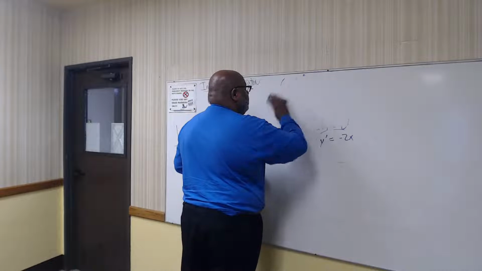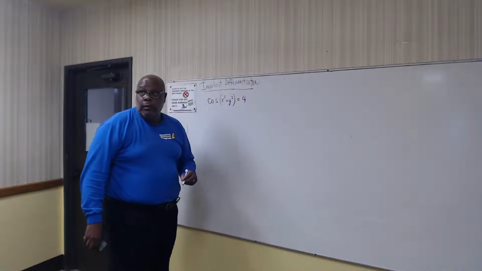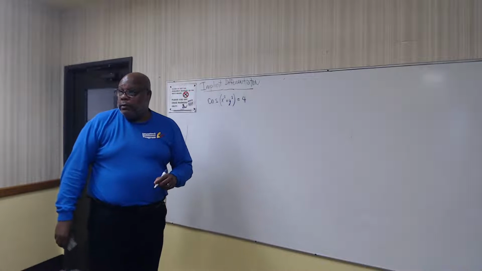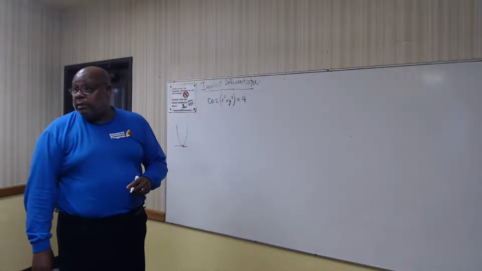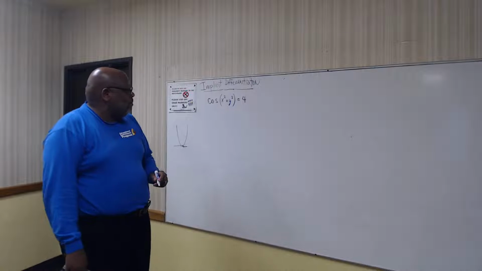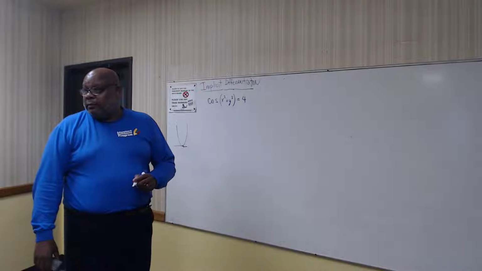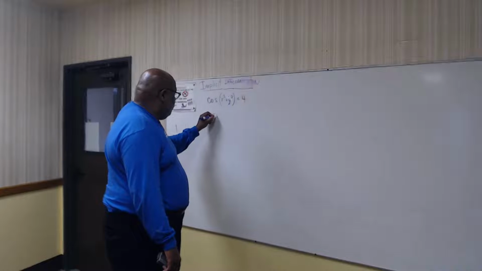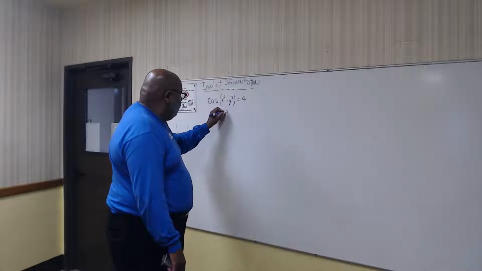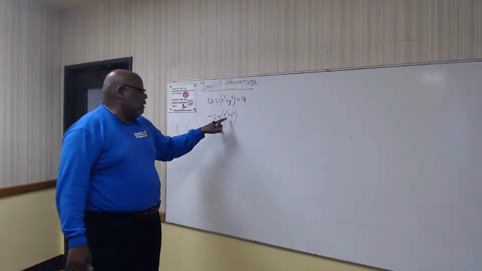How about this one? This is an answer that's going to have a trig function in the answer, right? So what's the derivative of the cosine? Negative sign. Minus the sine. Probably good to mention to you, this is not distributing sine.